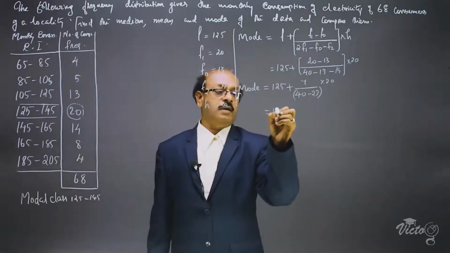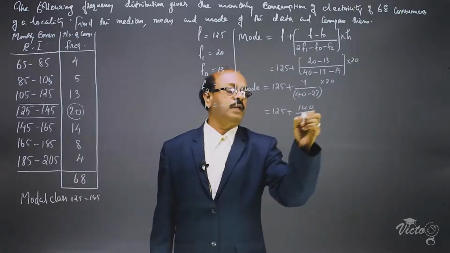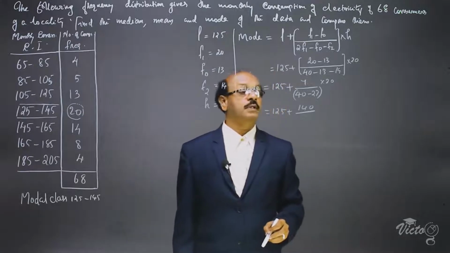That is 125 plus 7 divided by 40 minus 27, into 20, which is 125 plus 140 divided by 13.